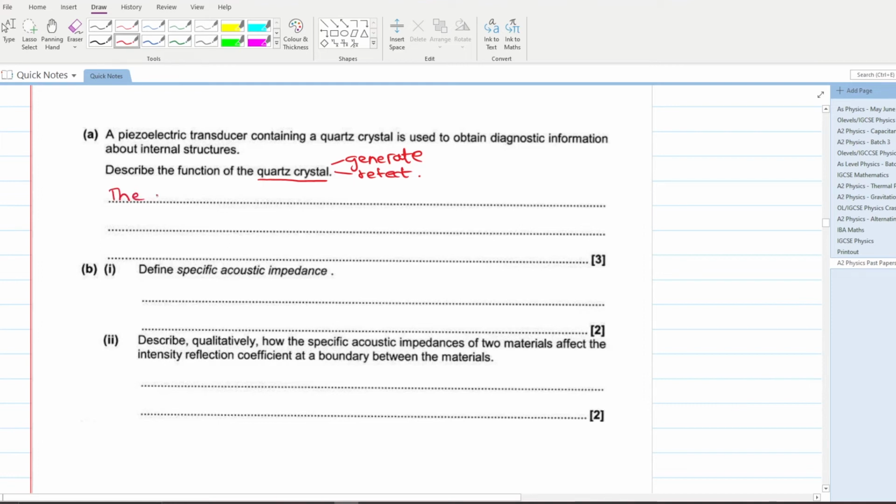The vibration, so we can initially start it like this.